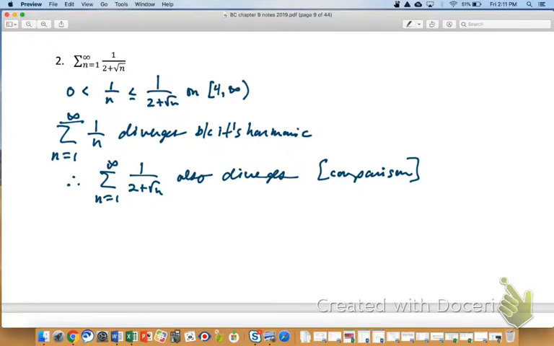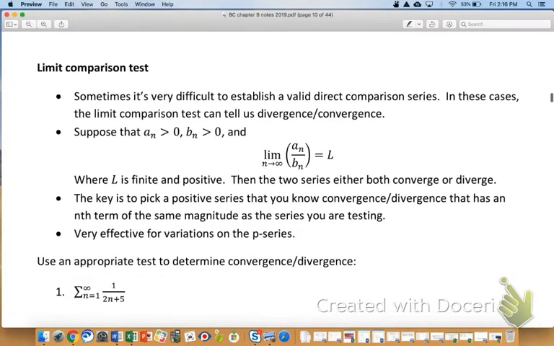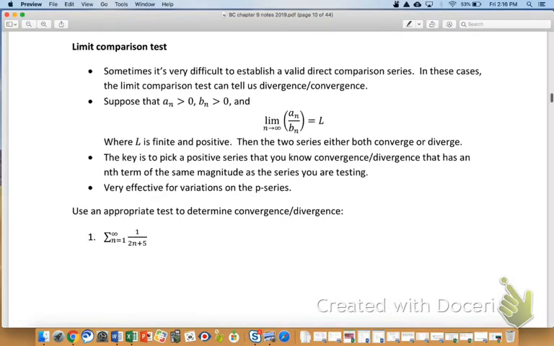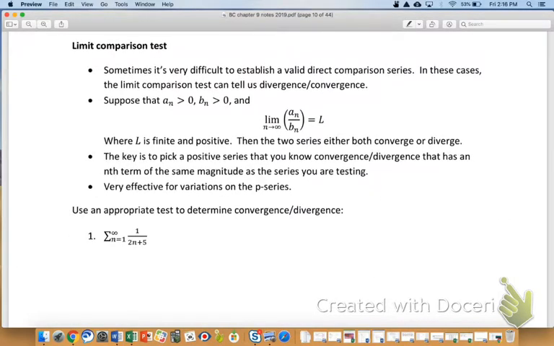Okay, let me give you a brief preview of our other comparison here. So check this out. This is one of my all-time favorites because this is super powerful, and in a multiple choice scenario where you don't have to show a lot of extra work, this limit comparison test will make you really, really fast, which is great, right?